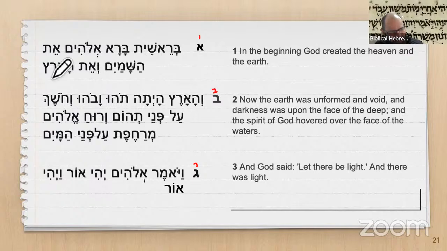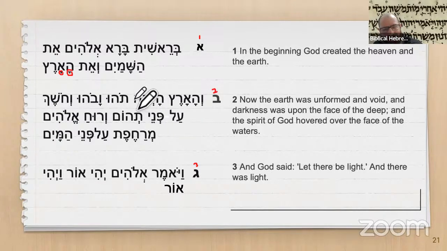Ve'et haaretz. Ve'et is 2 words. Haaretz, 3. We learned here, right? Today we learned the kametz. You see? Retz.